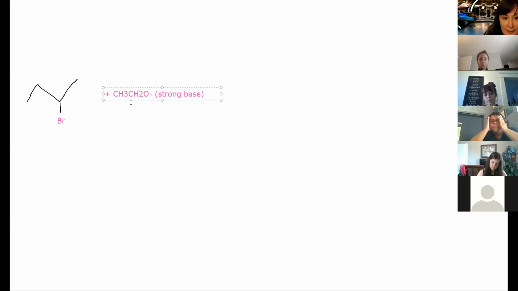Okay. So what is the base going to do? The base is going to attack one of the hydrogens that are neighboring the carbon that has the leaving group. So first of all, where is the carbon that has the leaving group? This is the carbon that has the leaving group, right? So what are the carbons that we have to consider to make that double bond with? They have to be directly neighboring this carbon.